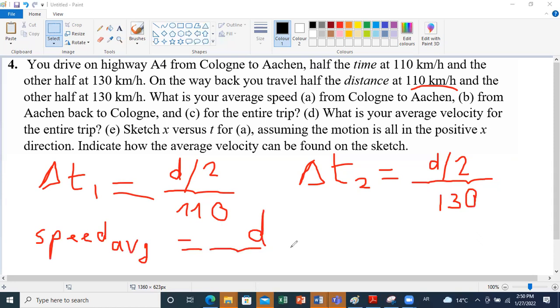So it's d over delta t1 plus delta t2. When you add these two, d over 2 can be taken as a factor. So it's d over 2 times 1 over 110 plus 1 over 130.